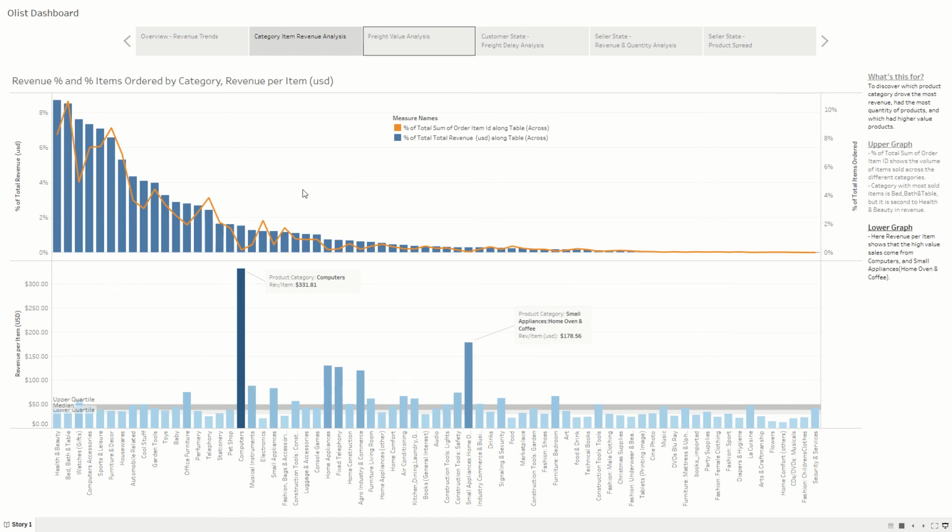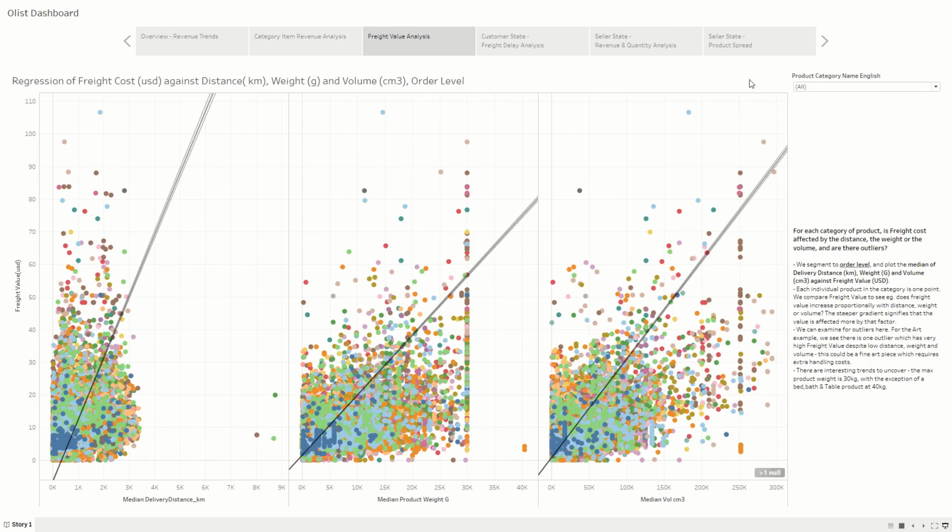So for the third one, this freight value analysis, basically I examine the freight value of each individual order. So within the order, within the product itself, what was the freight of that?